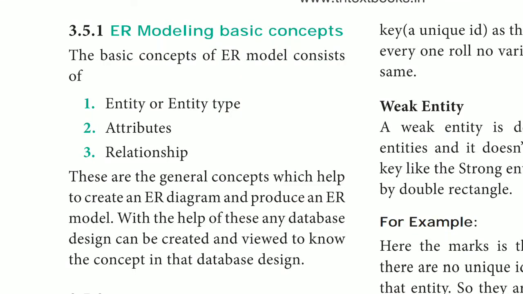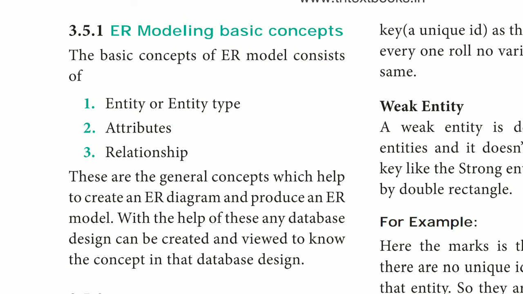Here you can see the modeling basic concepts. If you want to create a database using the ER model, you need these three things. The first one is entity and entity type, the second one is attribute, and the last one is relationship. Entity means the participants.